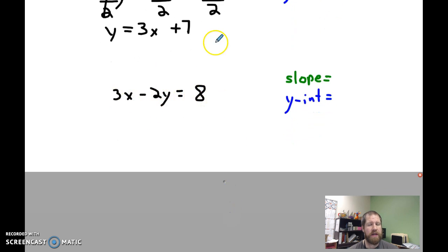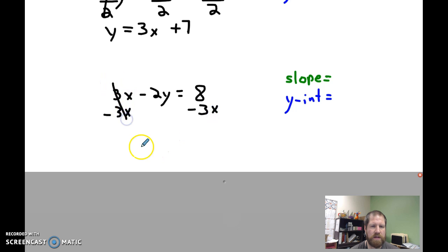This one's a little bit trickier because I don't just have y by itself. I've got this x here. So what I want to do is move everything that's near y, that's on the same side as y, away. If this is a positive 3x, I need to subtract 3x from both sides.